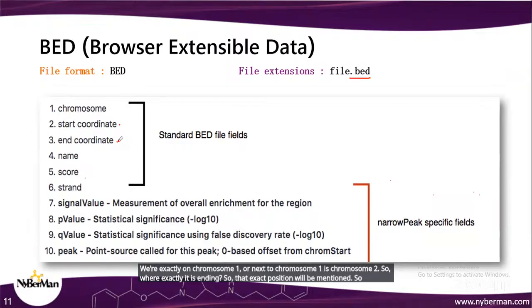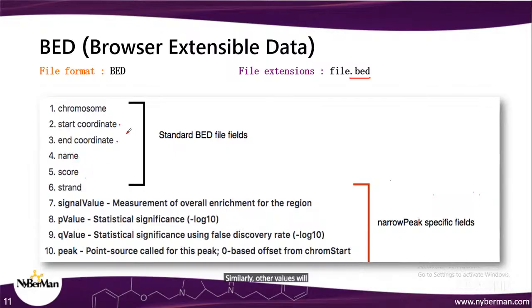So more accurate information, right? Or more precise information. Similarly, other values will also be added in the bed file format. And this file we can also use to visualize the particular information that we have in our data.